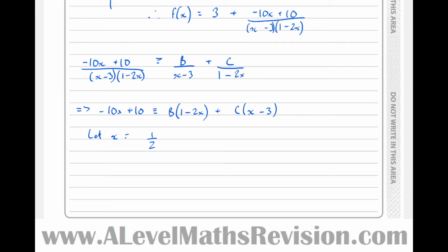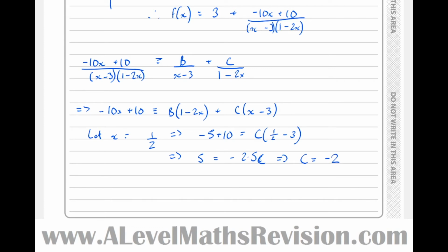Then this bracket here becomes 0, which implies the left hand side, so minus 5 plus 10 equals c 1/2 minus 3. So that implies that 5 equals minus 2.5c, which means that c equals minus 2.